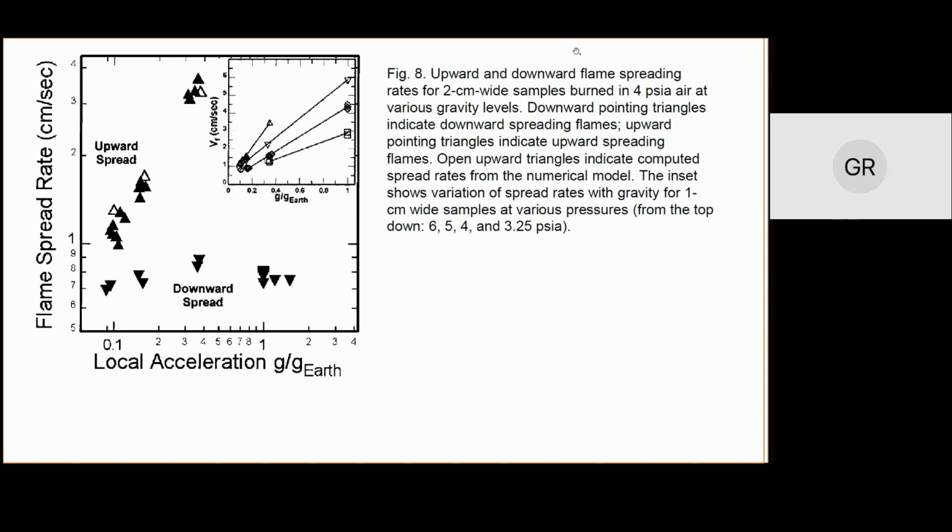And as you can see, the downward spread is lower and has a peak somewhere at a gravity level of about 0.3 or 0.4. Now, this is a function of pressure. In the inset, you can see at a different pressure, you have a different spread rate. All of them increase with gravity in the upward spread.